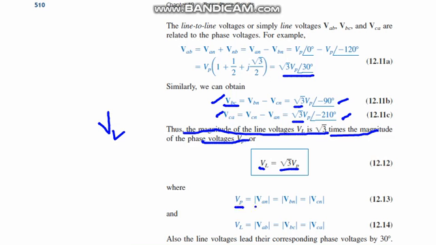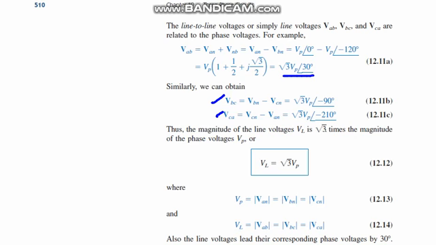So VP, VAN, VBN, VCN are all equal. VL means VAB, VBC and VCA. All three will be equal, as it is a balanced 3-phase network. From this we get the equation VL equals root 3 VP.